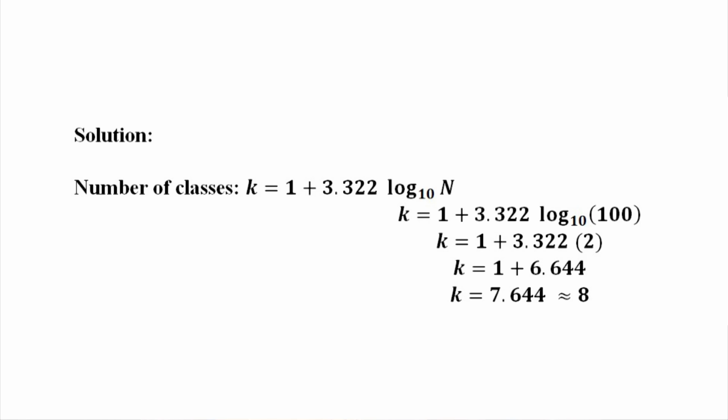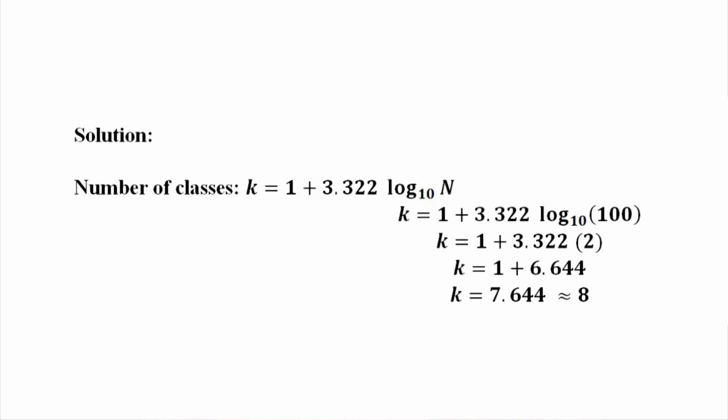According to Stark's rule, in order to determine the number of classes, we use the formula k is equal to 1 plus 3.322 log n to base 10, which implies k is equal to 1 plus 3.322 log 100 to base 10. Now, using the log table, the value of log 100 to base 10 is 2.